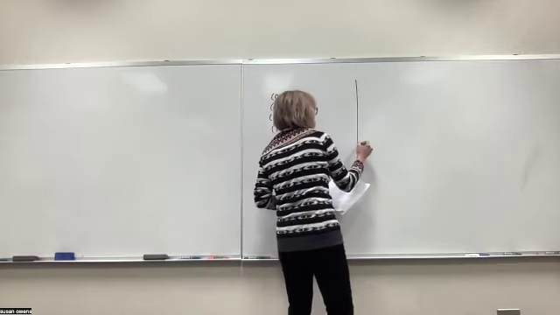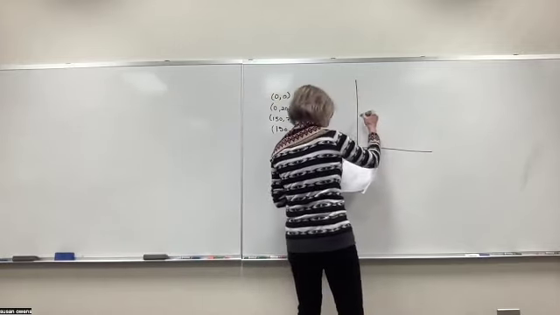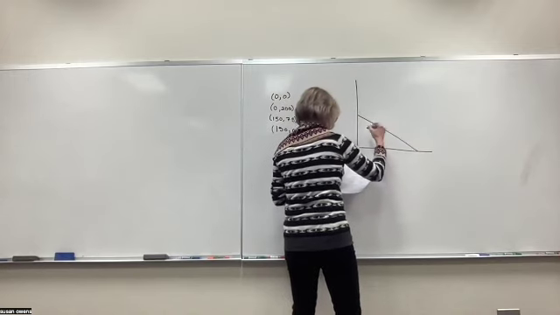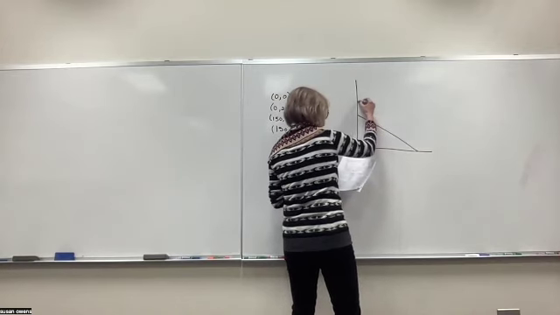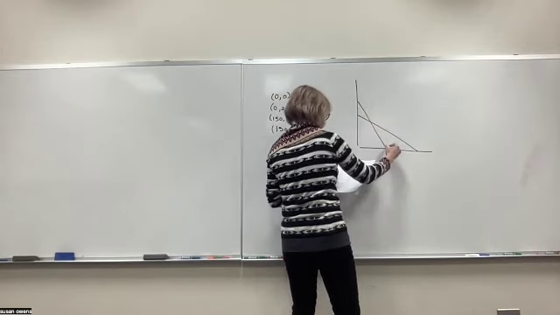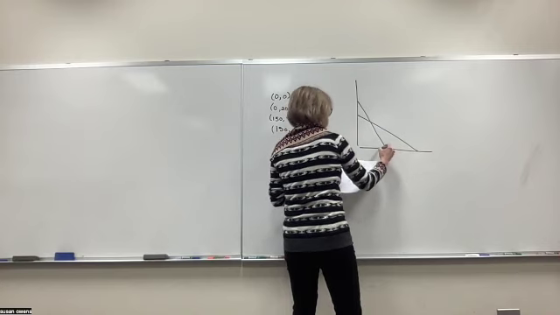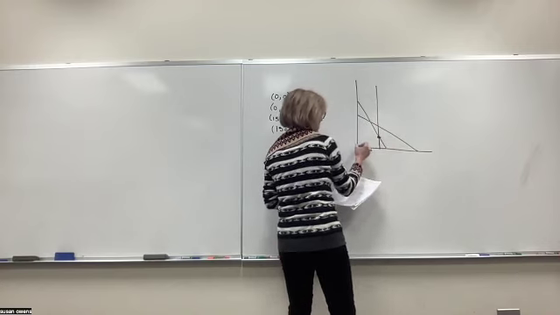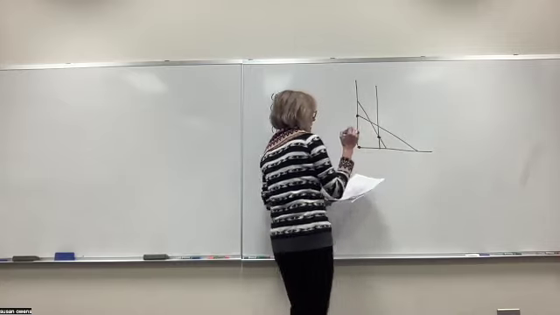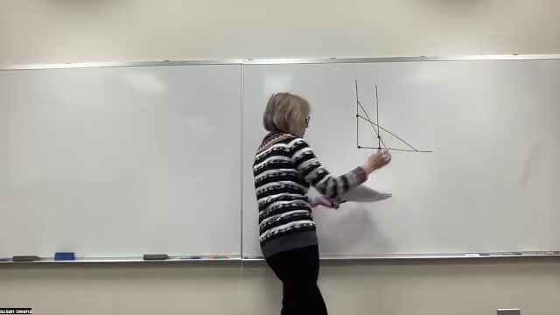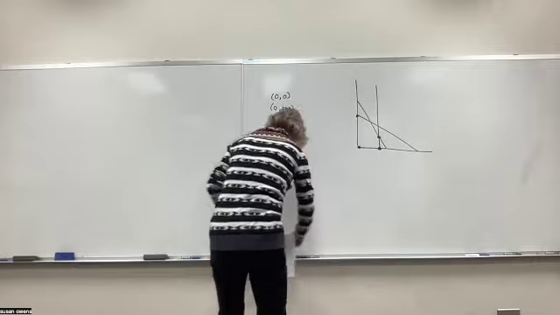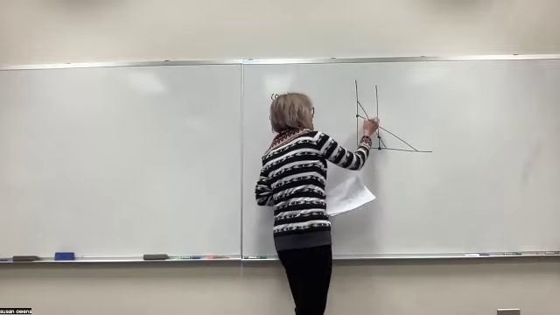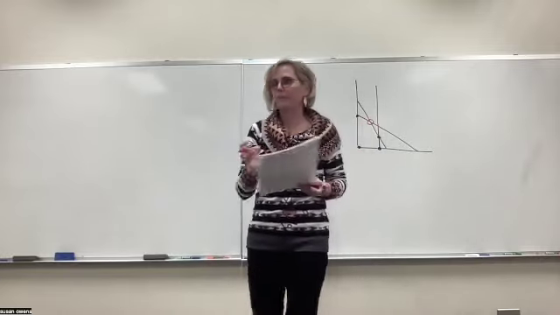And we had a graph that looked somewhat like that. So we found that corner, that corner, that corner, and that corner. Now we have to find this corner, okay?